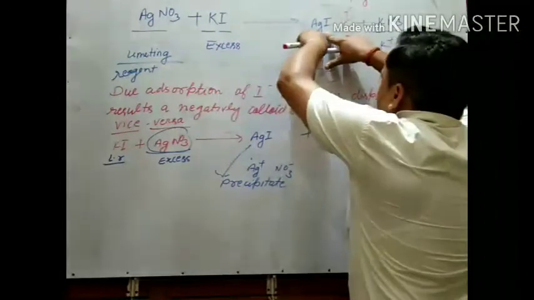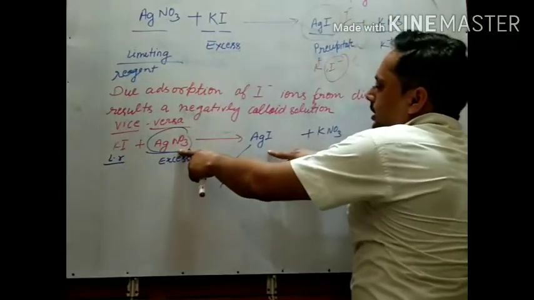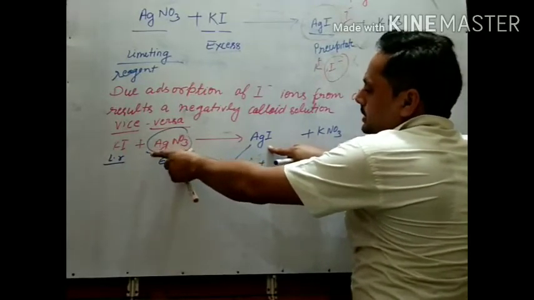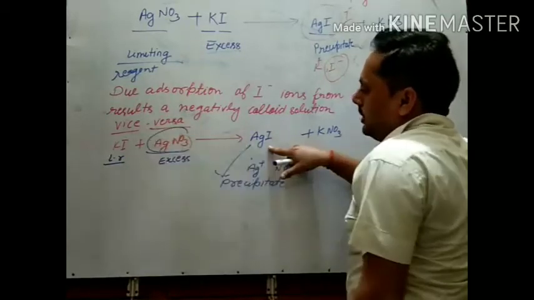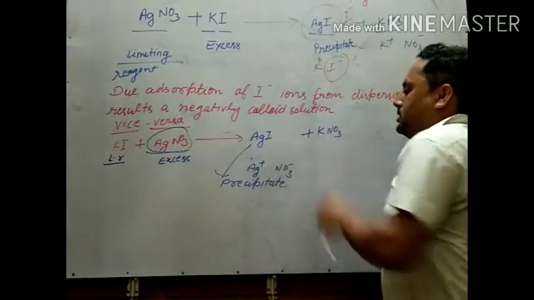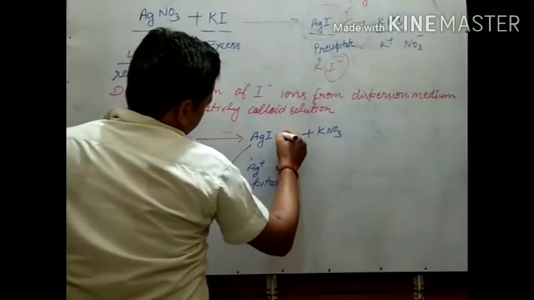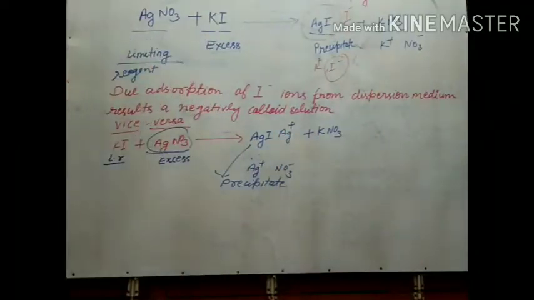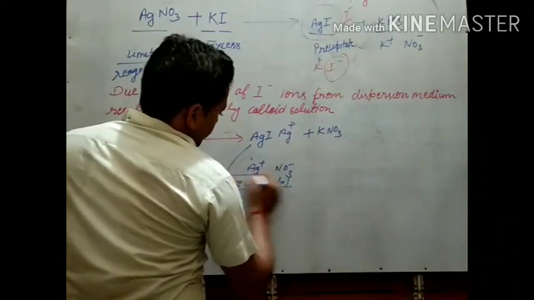Earlier it adsorbed iodide ions; here, AgNO3 is the dispersion medium. Some amount of AgNO3 is remaining, and AgNO3 is ionized like this, Ag plus and NO3 minus, and these Ag plus ions will be adsorbed around the precipitate.